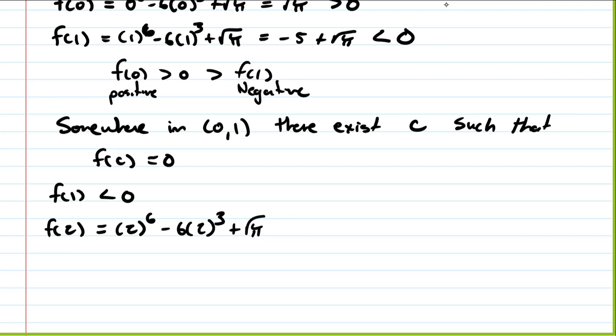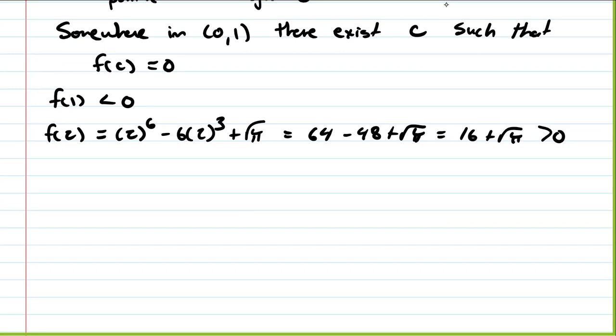2 to the 6th is 2 times 2 is 4, 8, 16, 32, 64. So we have 64. 2 cubed is 8. 8 times 6 is negative 48 plus the square root of pi. So 64 take away 48 is going to be equal to 16 plus the square root of pi, and that is bigger than 0. So we have f of 1 is less than 0, which is less than f of 2.